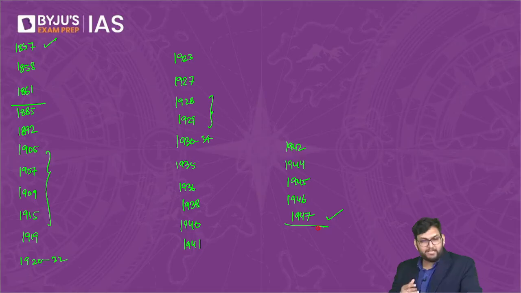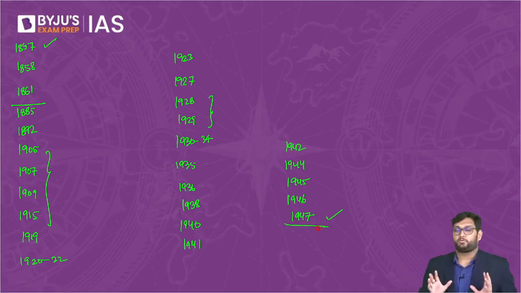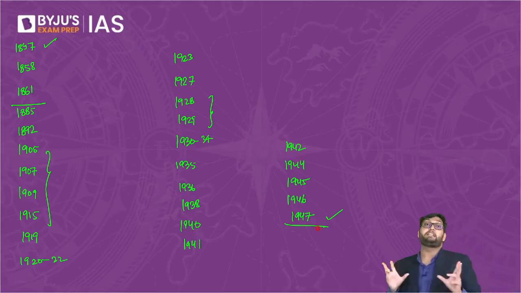So I will give you a master timeline in the end. So don't worry about timelines. Whatever dates I've written here are still incomplete, because 1916, 17, Home Rule League, 15, Champaran, Kheda, Ahmedabad still are not there. But basically, now our story is going to become the real deal in that regard.